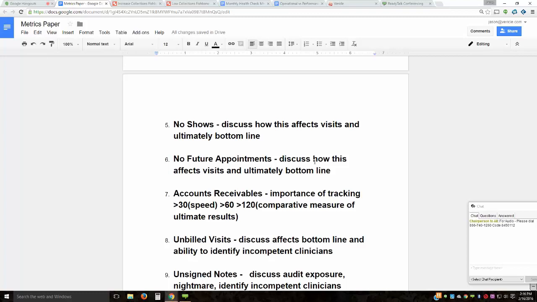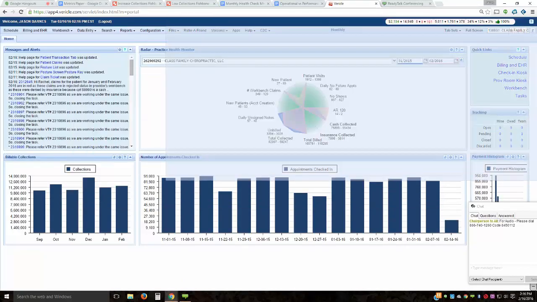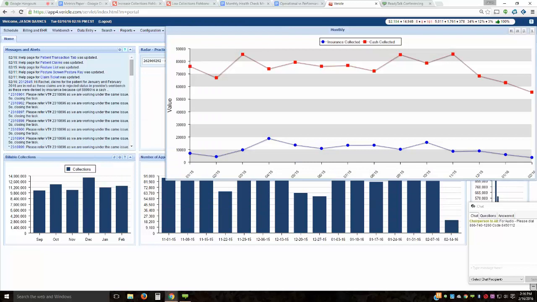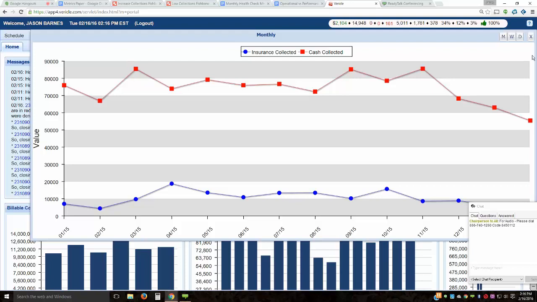Accounts receivable. We'll go back to our system here. If you're going to look at accounts receivable, and I'll underline it here, we have a couple of different ways of using this dashboard up here to help you keep your finger on the pulse of the financial performance of your practice.